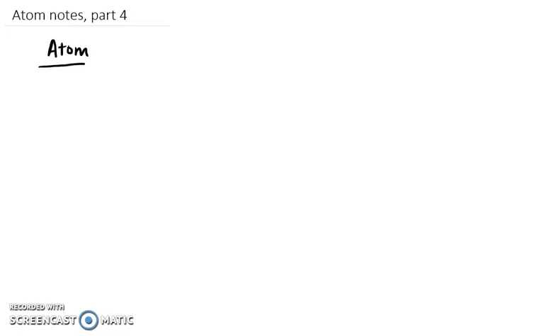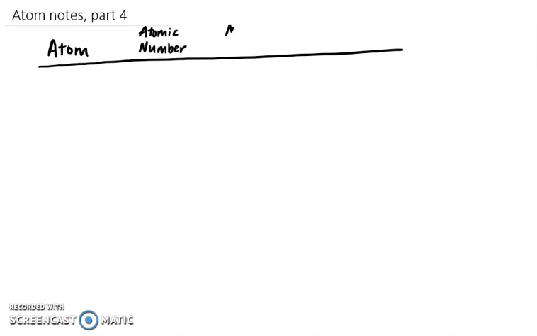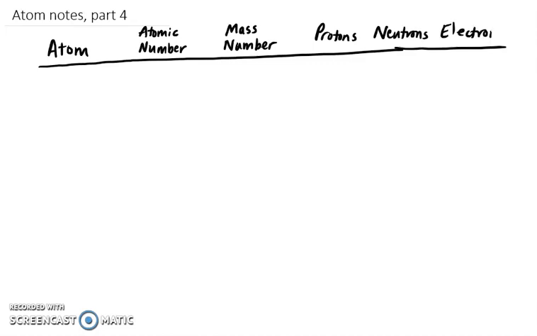So we're going to have a heading called atom, and then a heading for atomic number, for mass number, and the really important part, a heading for protons, neutrons, and even electrons.